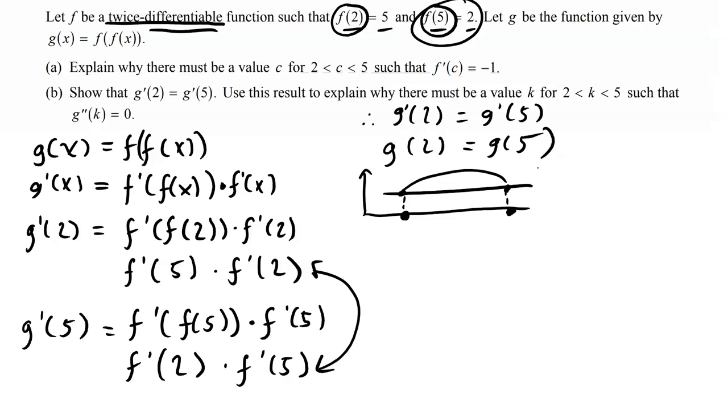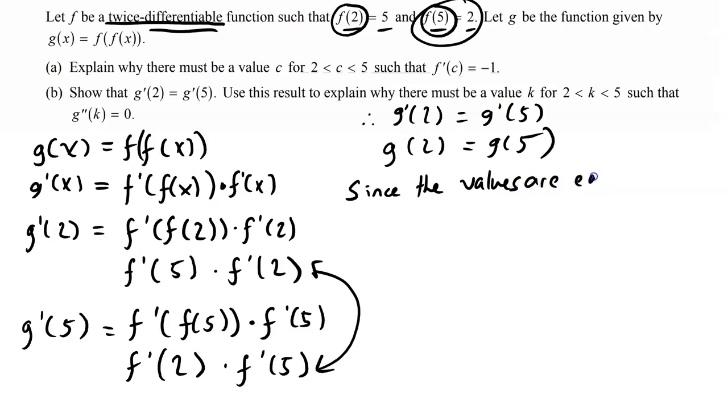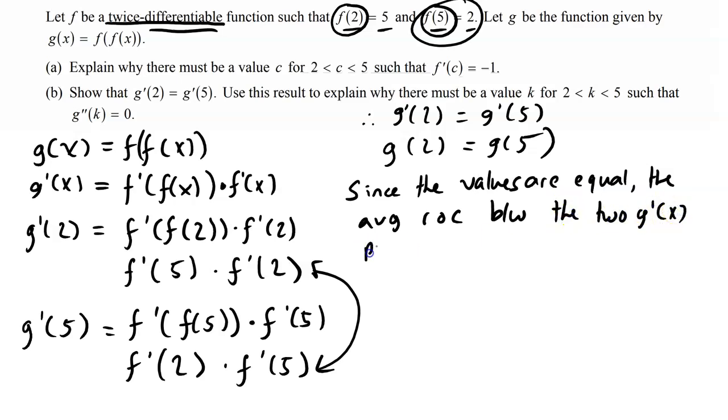So there must be a point in between where it has the same rate. This is basically the same argument.